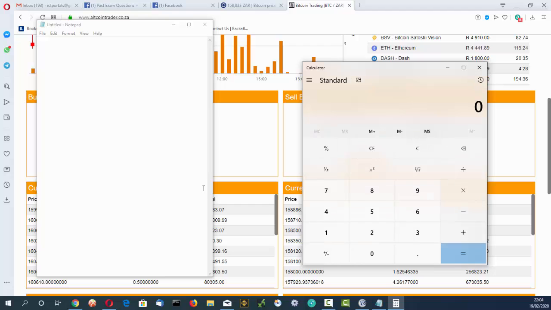When you are selling, you are charged 0.6%. That means if you are trading on AltcoinTrader, you are charged 0.6 plus 0.6, which means you are paying 1.2% of your trade.